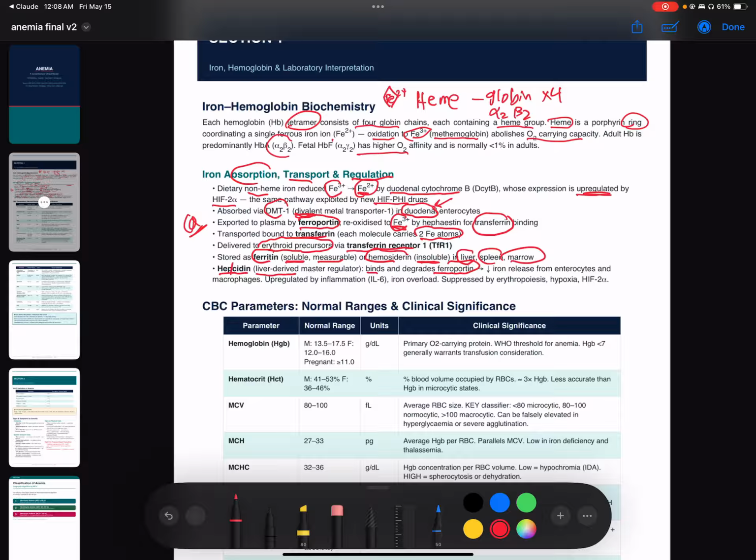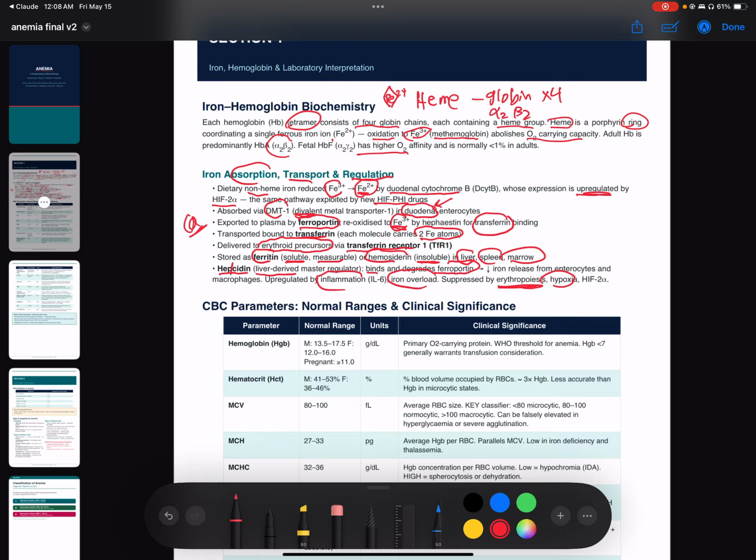So if you have hypoxia or you are having erythropoiesis, you need to make more iron, then hepcidin will be downregulated. And if you have inflammation or iron overload and you don't want more iron, this protein will be upregulated or increased.